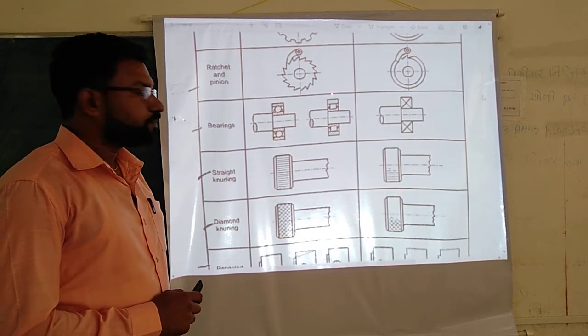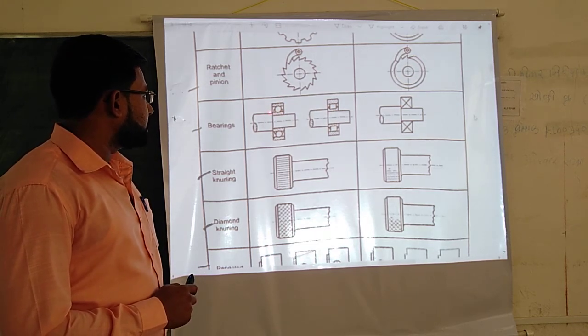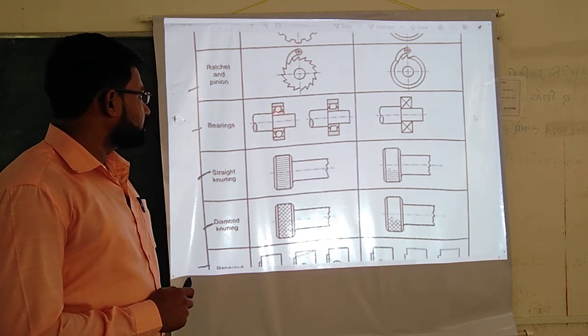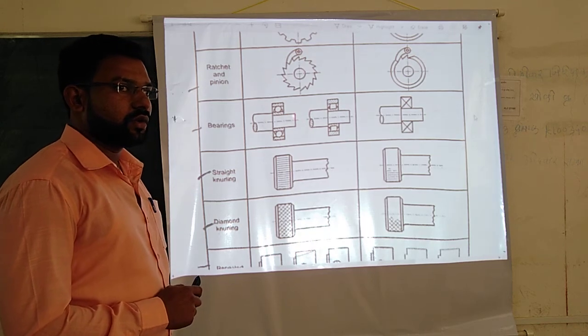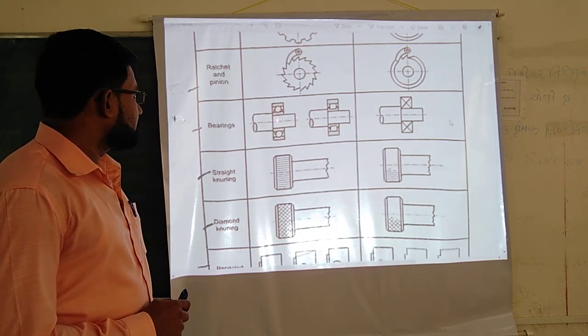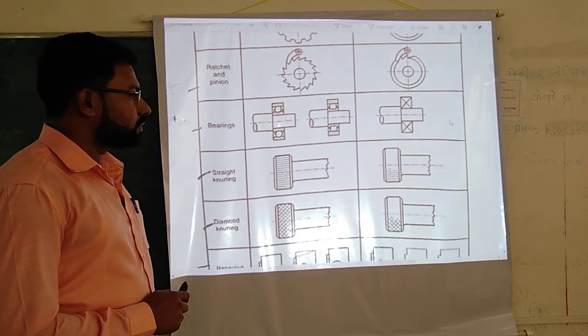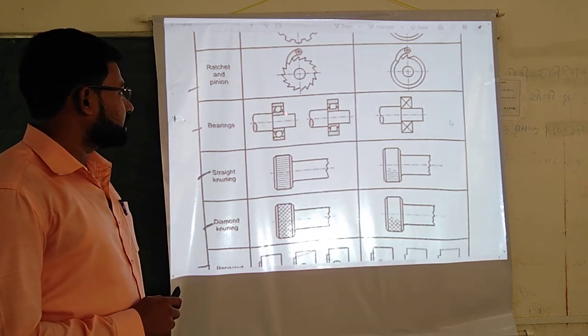The load which is directly acting on the shaft will now be transferred to the bearing, or indirectly to these balls. Since a number of balls are used, the load will be uniformly distributed on each ball. So this will protect the shaft from damage or bending. For that purpose the bearings are used.